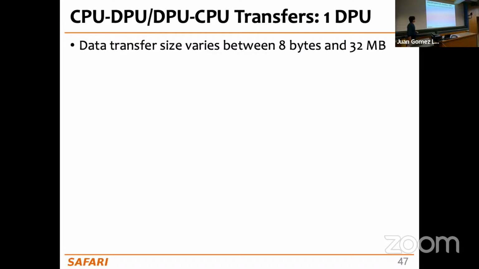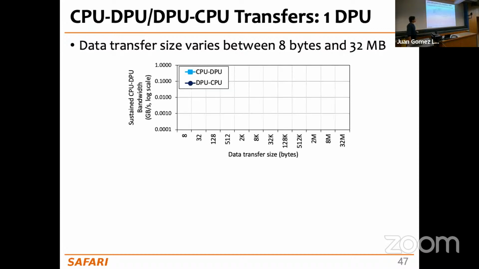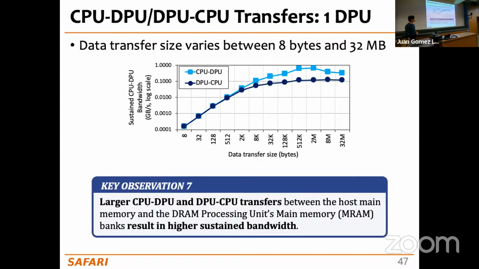So in the first experiment, we transferred data. Data transfer size varies between 8 bytes and 32 megabytes. This is the data transfer size in bytes. Remember that we target a single DPU, and here on the y-axis, what you see is the bandwidth, so higher is better. These are the results for the CPU-DPU transfer. This is in the other direction.